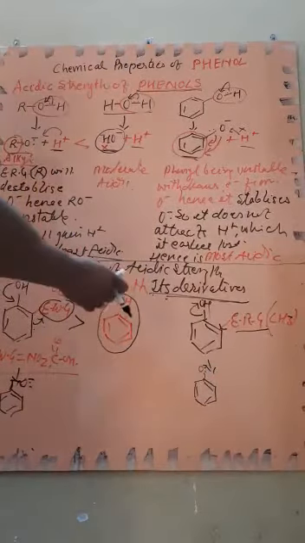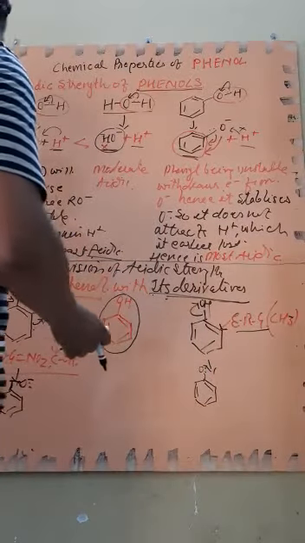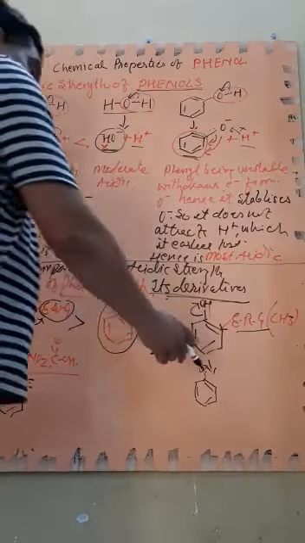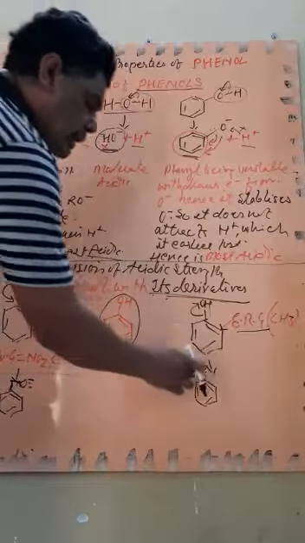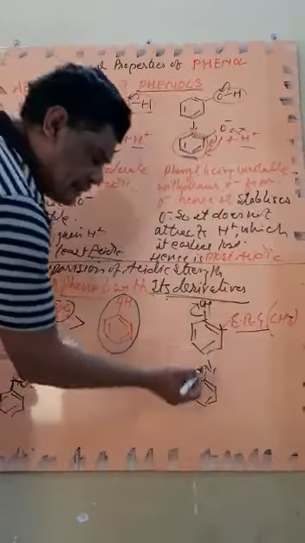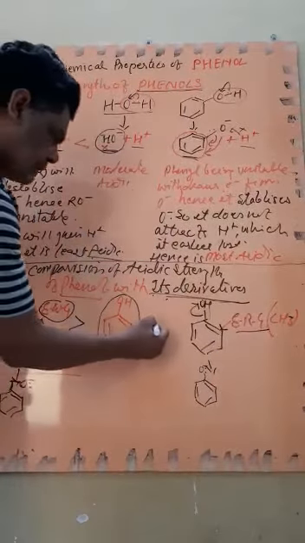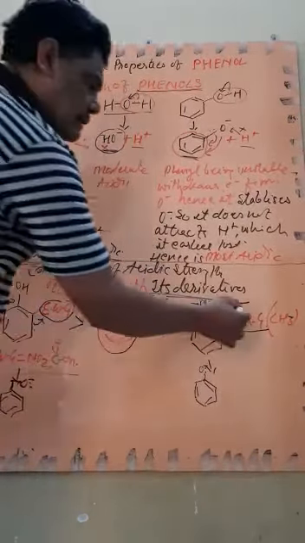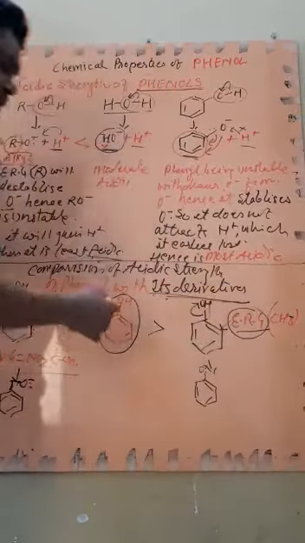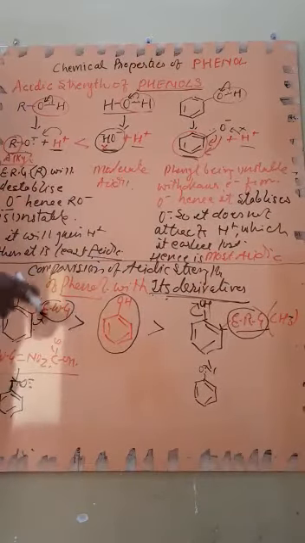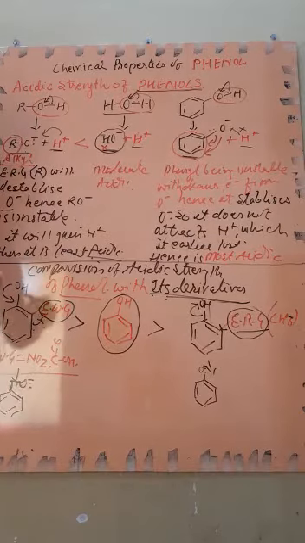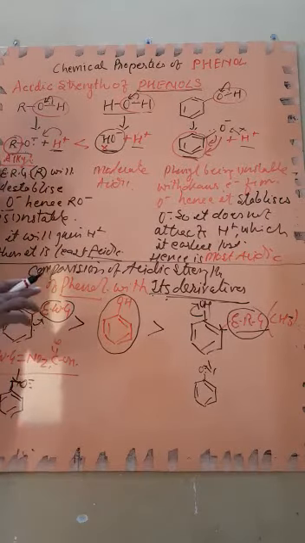And if it becomes more electron rich, then it will not tend to gain electron. That means it will become less acidic as compared to this one. Thus we can say here the electron releasing group decreases the acidic nature, while the electron withdrawing group increases the acidic nature. Is that clear?